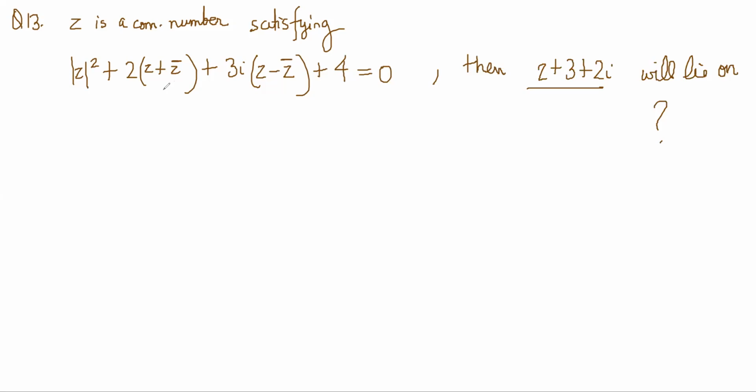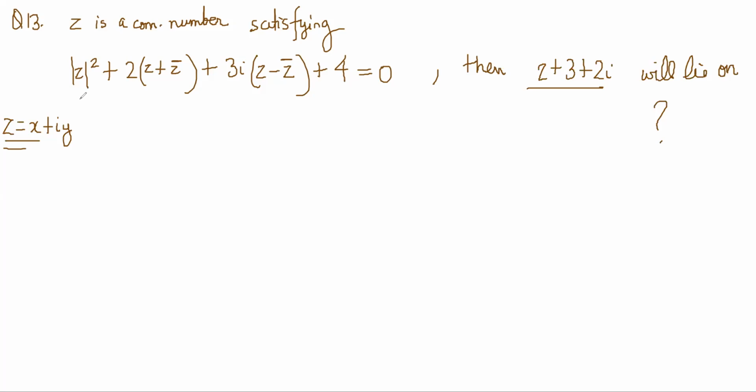Z minus z conjugate will be 2i times the imaginary part of z. So if z is x plus iy, we can find the value of z from this equation.